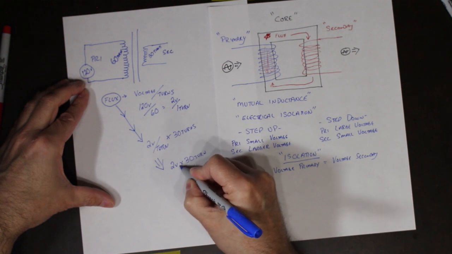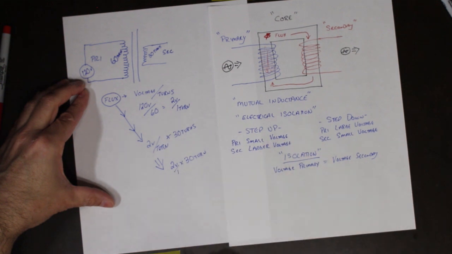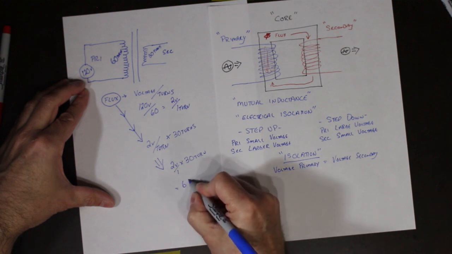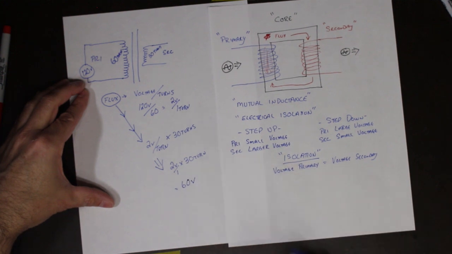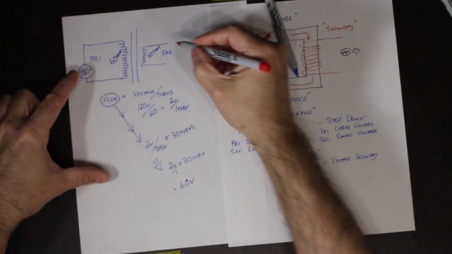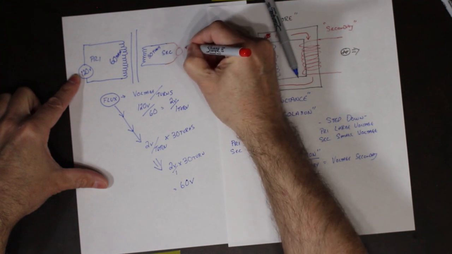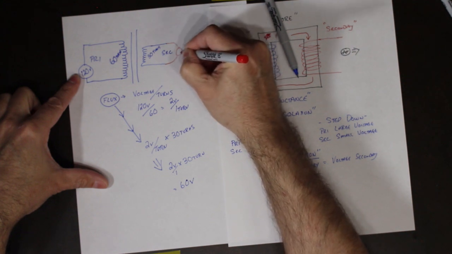So it's 2 volts per turn times 30 turns, which is 60 volts. So what's coming out on the secondary is induced over here, and it is 60 volts.